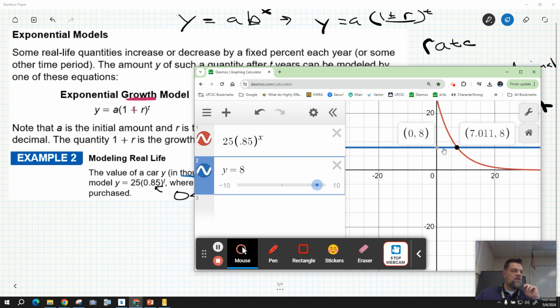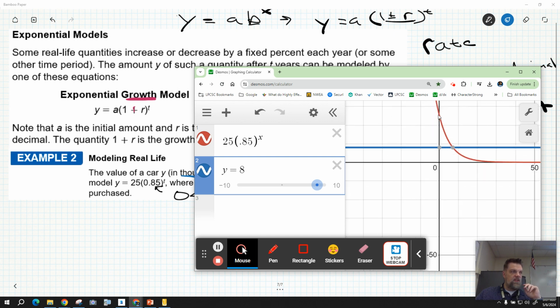Okay, so I'm going to scroll out a little bit. You can see that's how the value of the car depreciates over time. After the first year, it goes down a little, second year, third year, and so on and so forth. So let's take a screenshot of that. What does that tell you? What information can you tell from that graph?